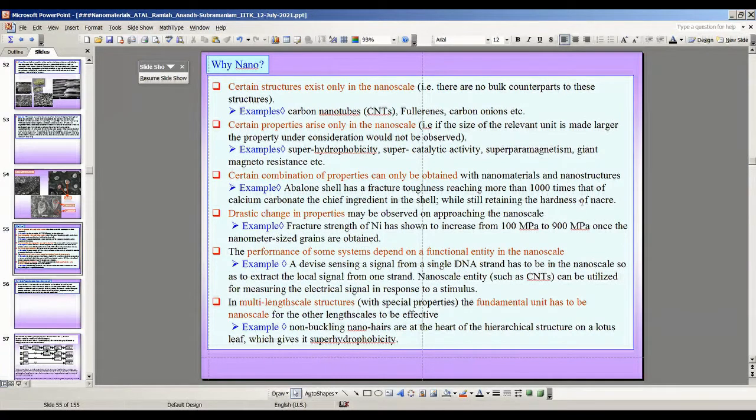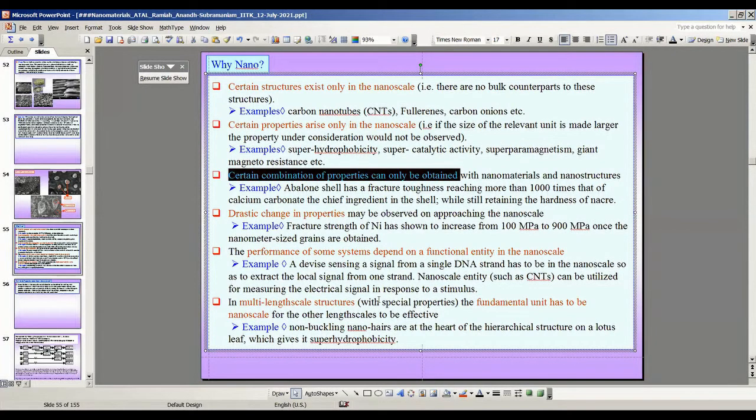Now, we already answered this to a large extent, that why we need to go to the nanoscale. And we have already seen that you can get important properties like superparamagnetism, for instance, but also that certain important combinations of properties can only be obtained at this scale. And in some cases, which is very important to note, when you go to the nanoscale, there is a drastic improvement in the properties.